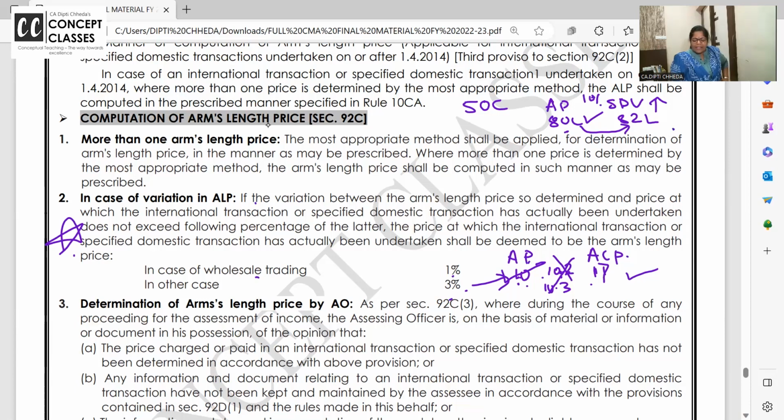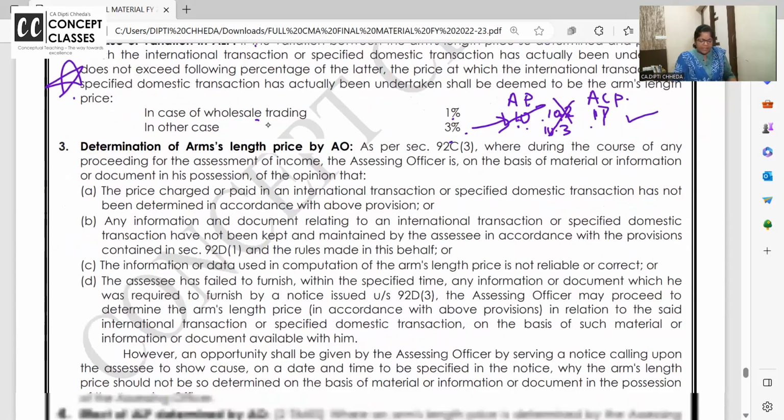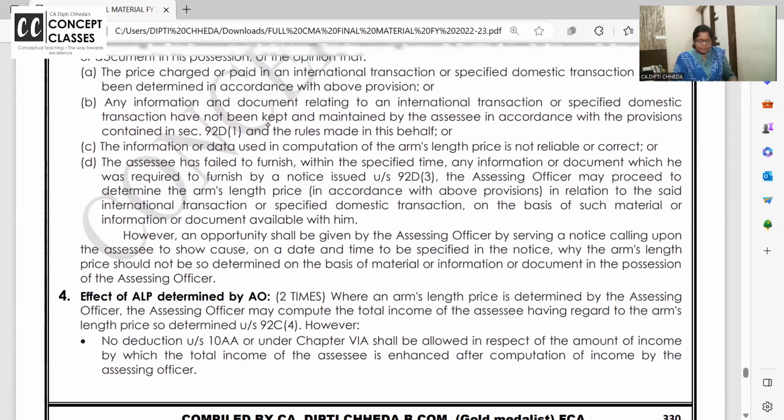Up to 88 lakhs, if it is 82 lakhs, take 80 lakhs only as your sale consideration. But if your actual sale consideration is 80 lakhs and stamp duty value is 95 lakhs, then take 95 lakhs. So in 50C, 10% variation is there. Like that in the arm's length price, in wholesale 1%, in retail 3%. But once in the exam, they said take 2% as variation. Okay, take 2% and so on.